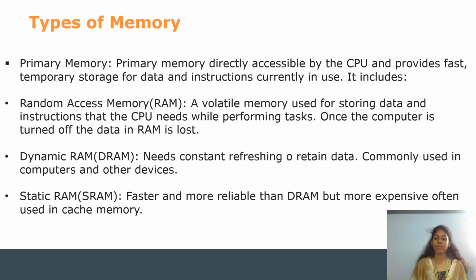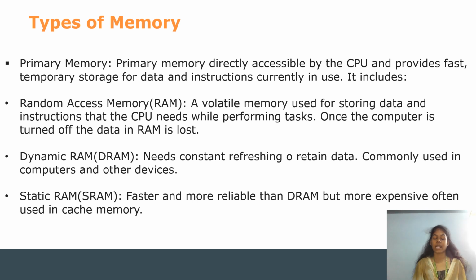Primary memory is directly accessible by the CPU and provides fast temporary storage for data and instructions currently in use. It includes random access memory, RAM, a volatile memory used for storing data and instructions that the CPU needs while performing tasks. Once the computer is turned off, the data in RAM is lost.